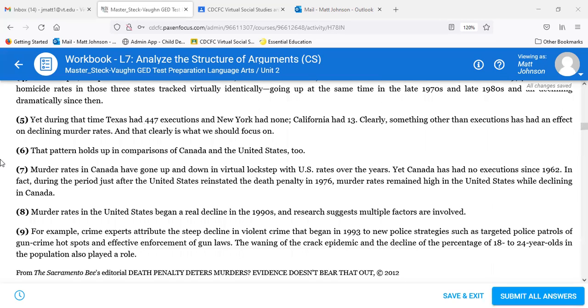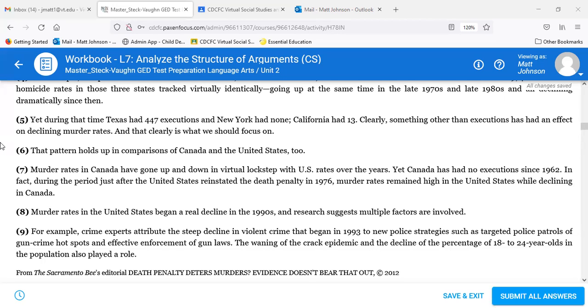Yes. 5. Yet during that time, Texas had 447 executions and New York had none. California had 13. Clearly, something other than executions had an effect on declining murder rates. And that clearly is what we should focus on. That pattern holds up in comparison of Canada and the United States too.